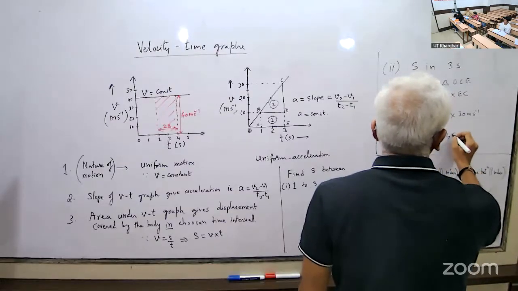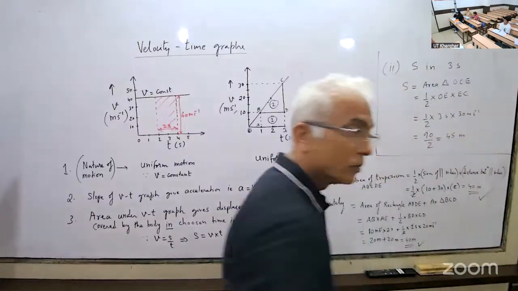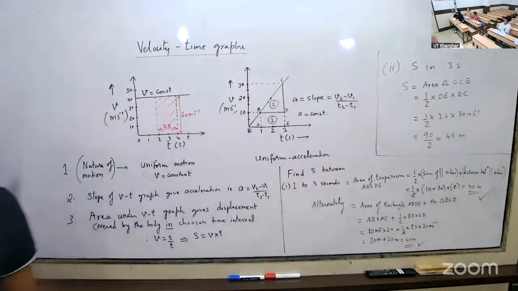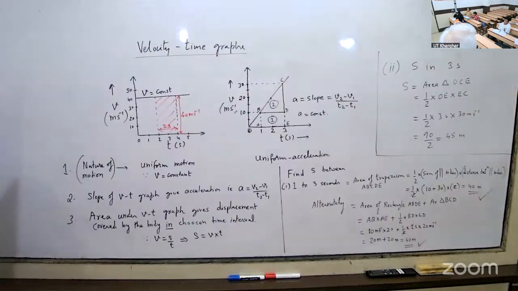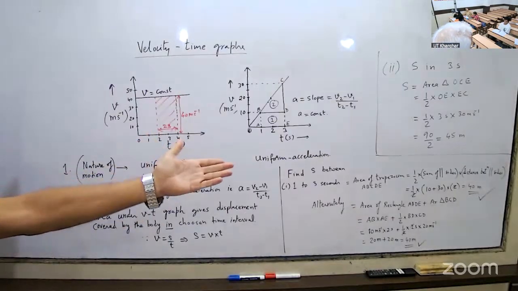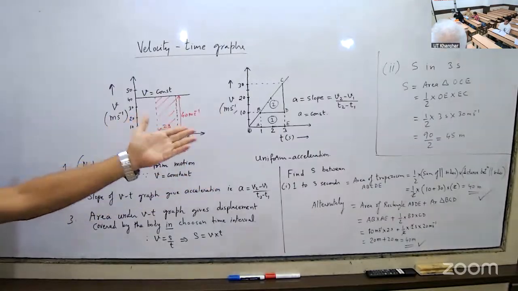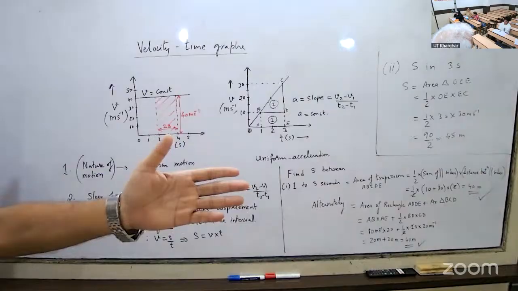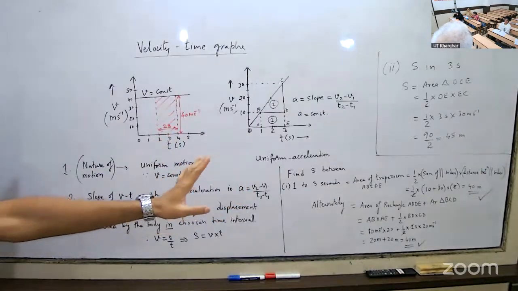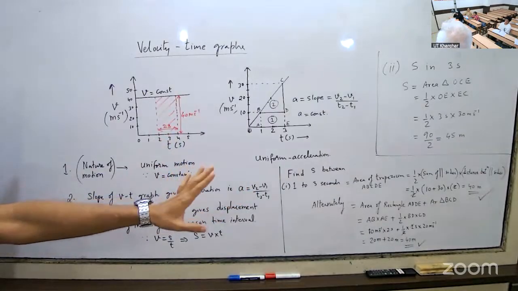This is 45. ठीक है? So if you have a VT graph and somebody wants you to calculate the displacement for whatever time interval is asked for, you just calculate the area. So we have seen 3 cases. Understood? Any questions here? Okay, Nicholas.